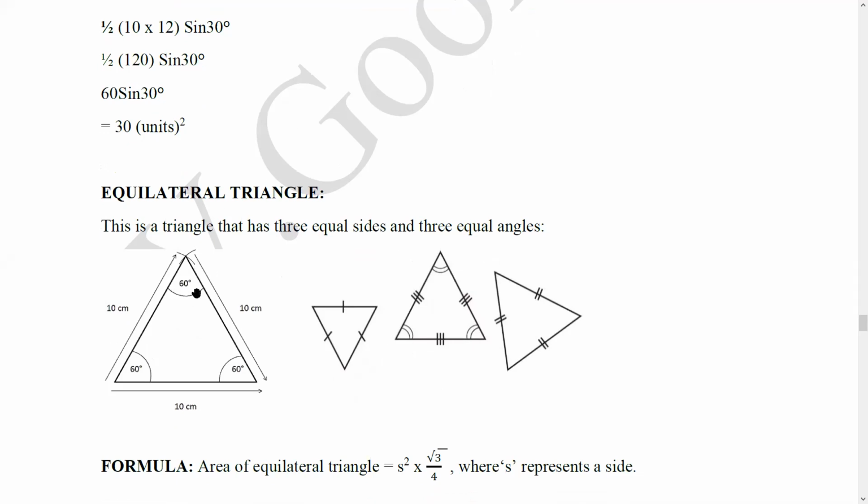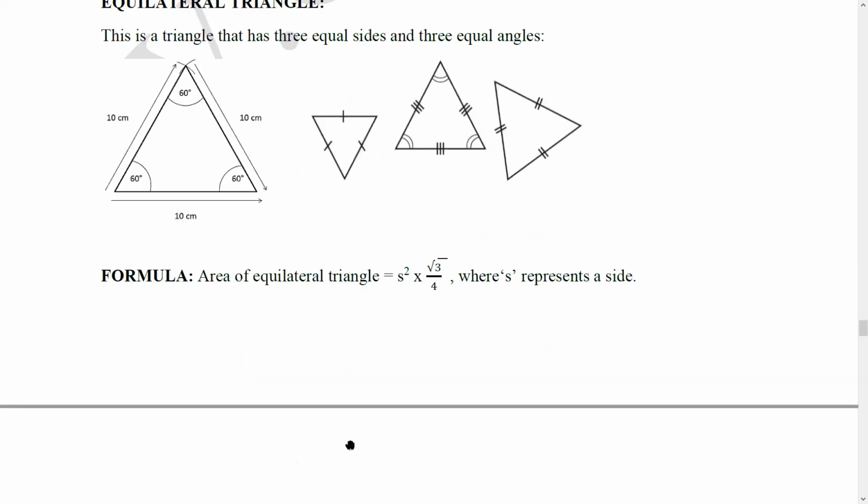We know an equilateral triangle has equal sides, and because they are equal sides, that means they have equal angles. These are how equilateral triangles look. And the formula to find the area of an equilateral triangle is side squared multiplied by the square root of 3 over 4, where S represents a side.